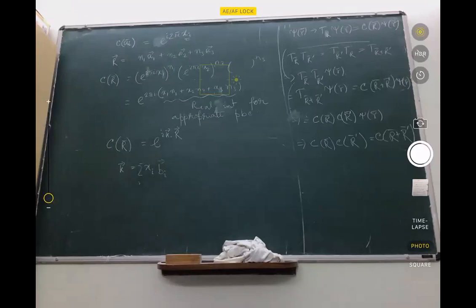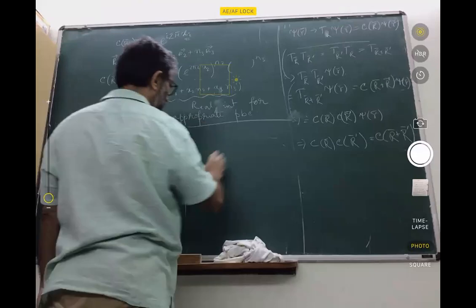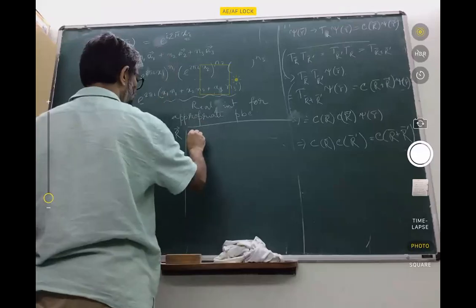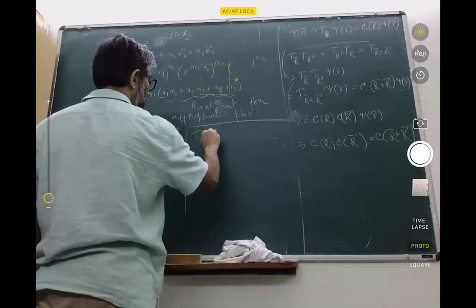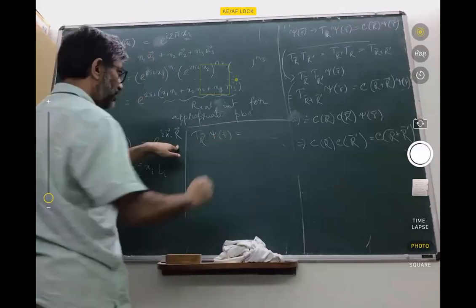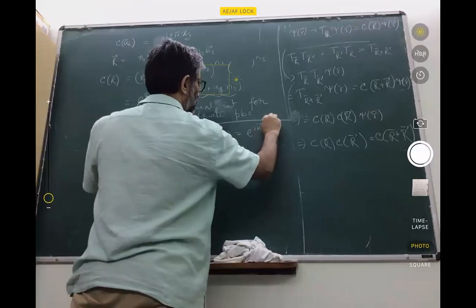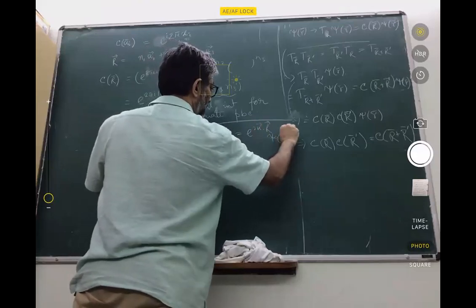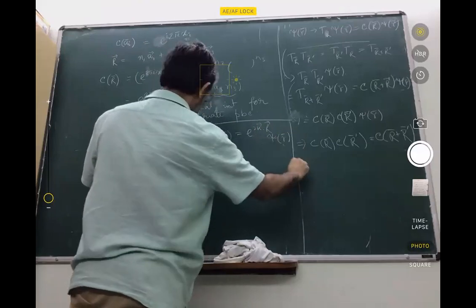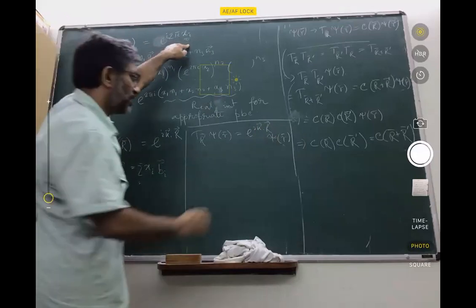Because now C has this form, if I apply this on psi of r, I'll pick up this eigenvalue. I now know where this K comes from: K comes from these xi's.